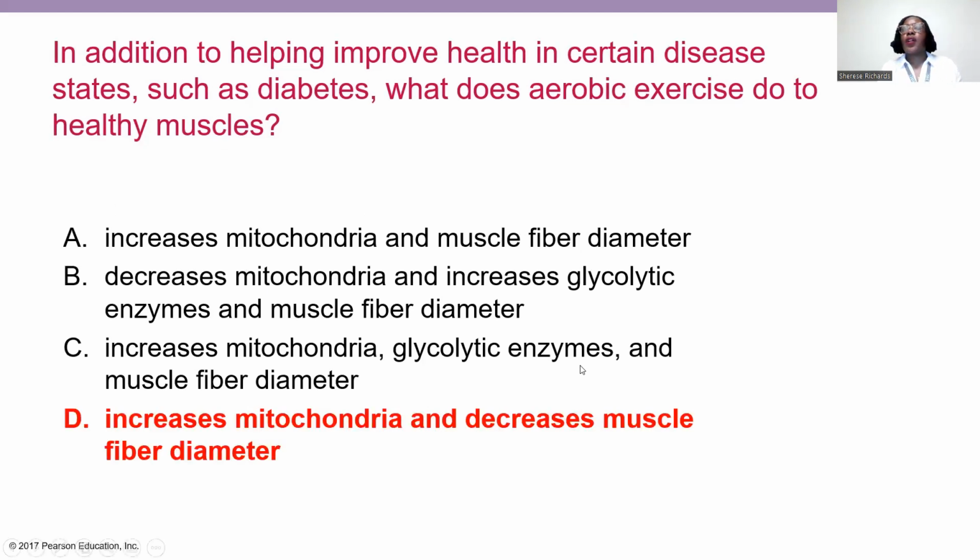D is that we're training the muscles to rely more on oxidative phosphorylation. These are activities like swimming, like jogging, anything where we can maintain that rate of respiration. As a result of that, we're increasing the mitochondria in order to allow for that oxidative phosphorylation to take place.